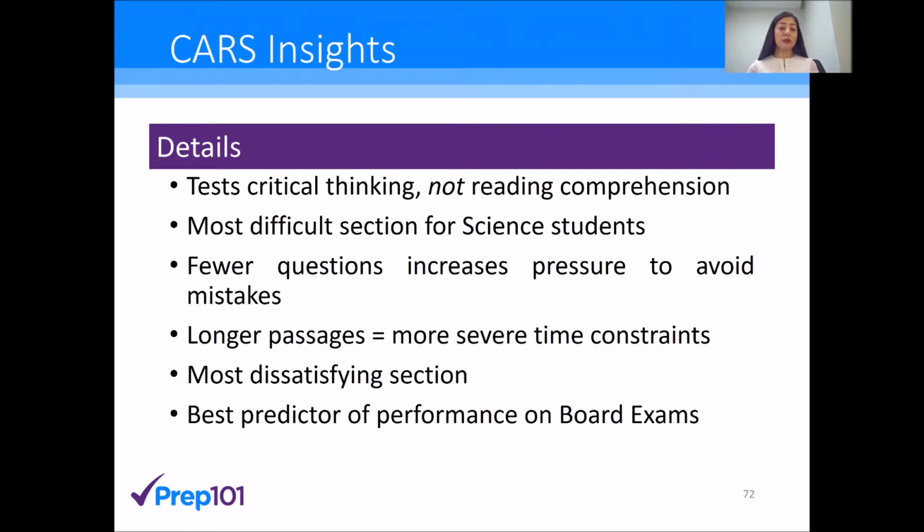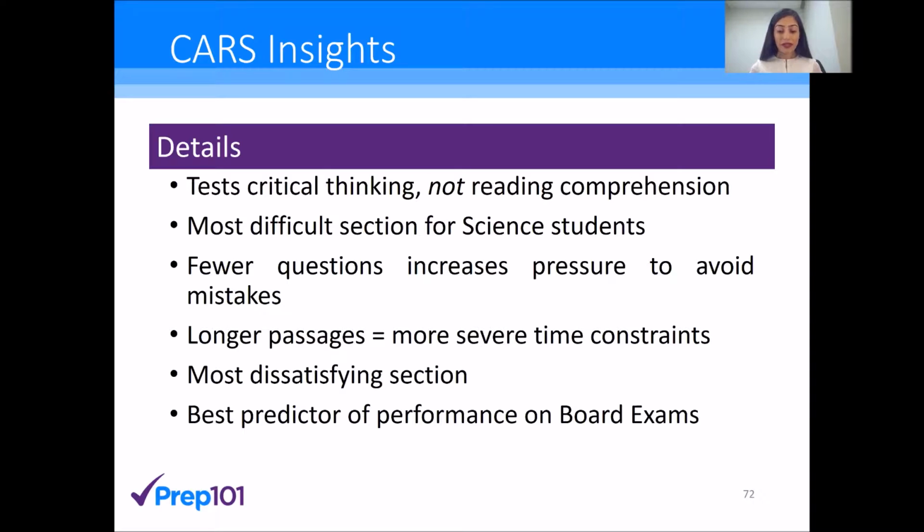And the reason for this is because as a physician, when you're looking at novel information, when you've got new patients, when you've got a new chart, what they really want to see is, can you actually understand this information? Not just comprehend it, but can you apply knowledge to it? Can you make decisions, diagnoses, prognoses, prescribe actions or treatments? And that's why it's a critical thinking test, okay?